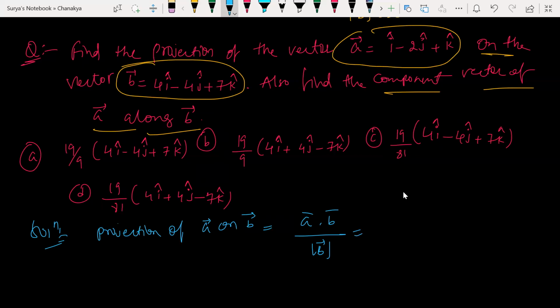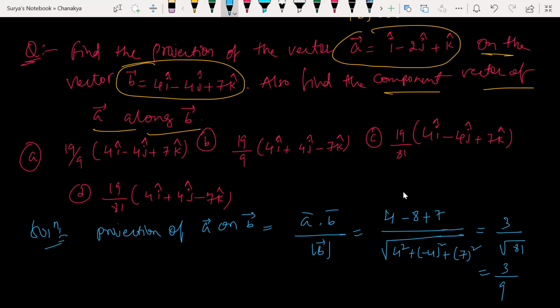A dot B is what now? 1 into 4, 4 minus 8 plus 7, upon magnitude of B, square root of 4 square plus minus 4 whole square plus 7 square. 16 plus 16 is 32, 32 plus 49 is 81, so the root is 9.